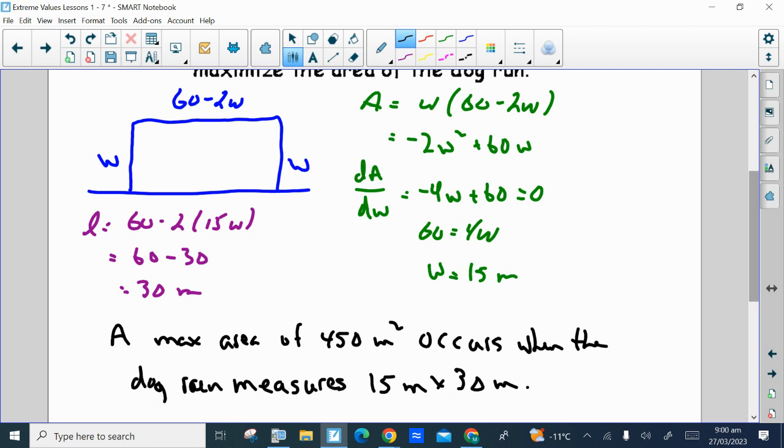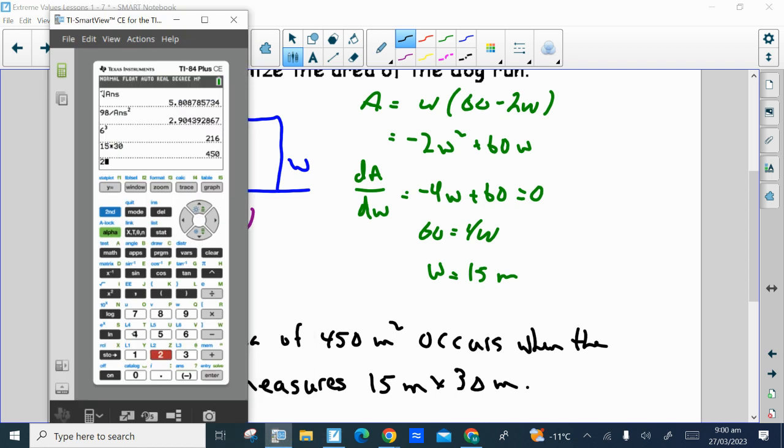If we say that the width was, let's say, 18 meters, then the length would be 60 take away twice 18. 60 take away 36 would be 24. So 24 by 18 gives us an area of 432 square meters. Again, that's less than what we said was the maximum, 450.